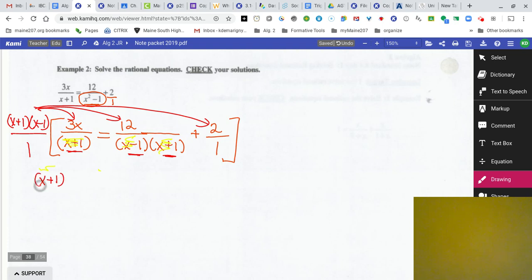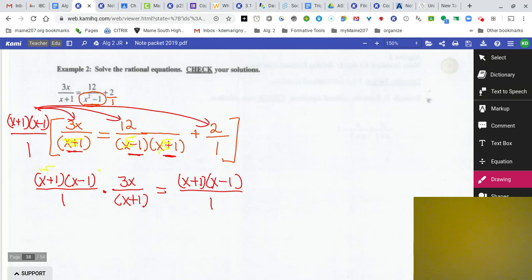X plus 1, x minus 1 over 1 times 3x over x plus 1. And then there's an equal sign. And then it's an x plus 1 times an x minus 1 over 1 times a 12 over an x minus 1. Ooh, x plus 1. That's not very neat. Let's see if I can fix that a little bit.